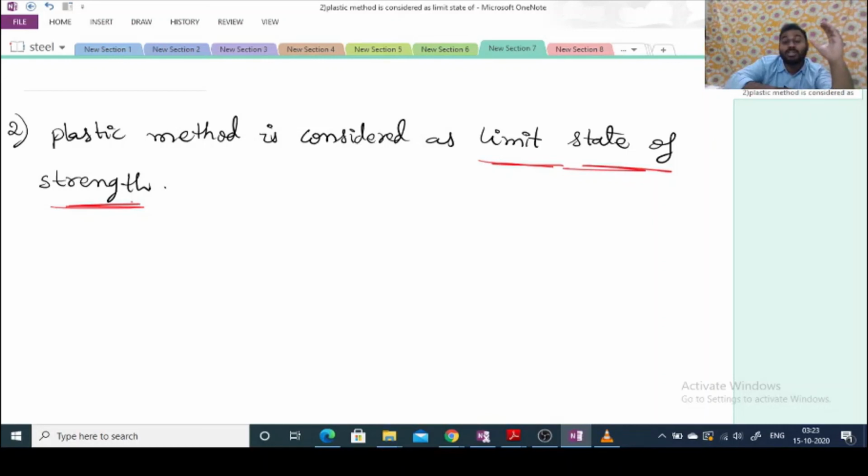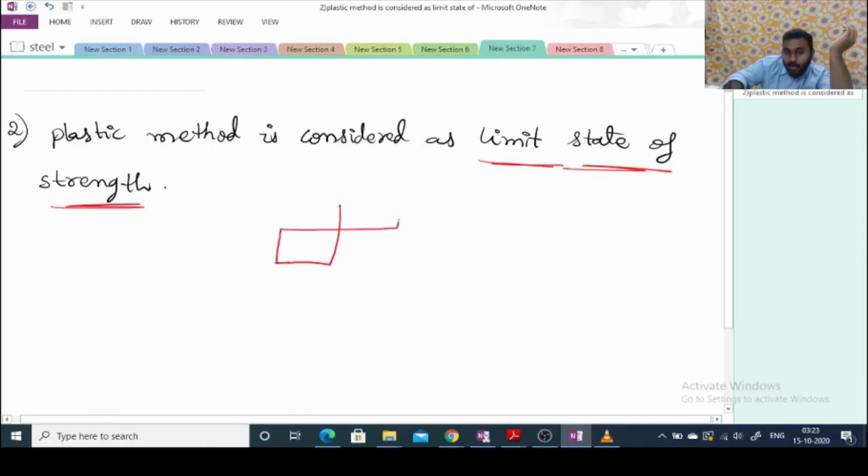It means the stress distribution is uniform, as already discussed. These are the stress distributions, right? Whenever there exists this type of stress distribution in any cross section of a beam, that cross section is said to be in plastic state. That is considered the limit state of strength.